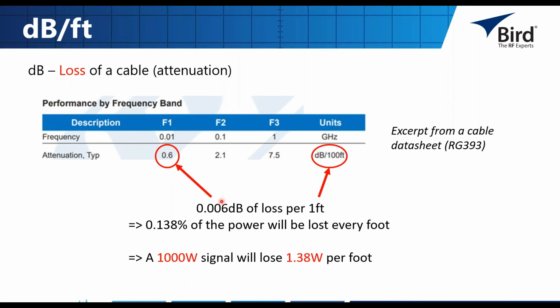Thinking of this another way, at 10 megahertz, for every 1 foot that the signal travels, we're only getting a loss of about 0.138% of the power. So in the case of a 1,000 watt signal, this would be 1.38 watts per foot.